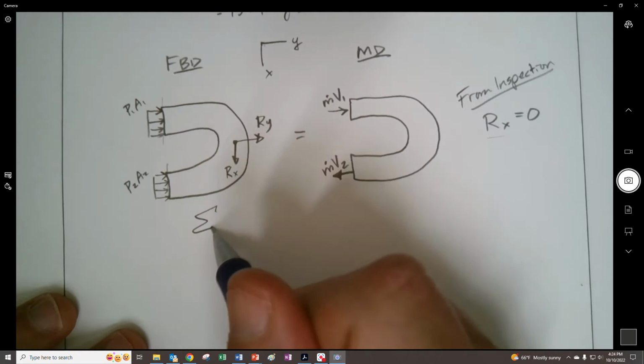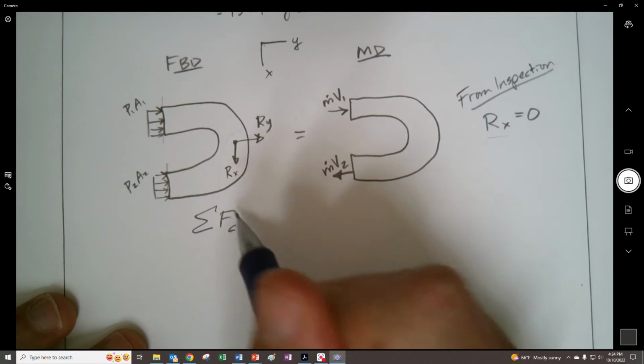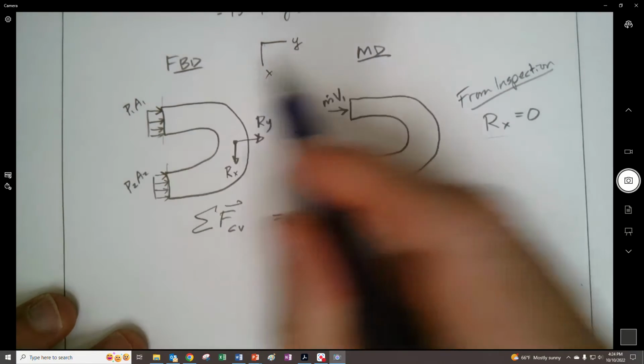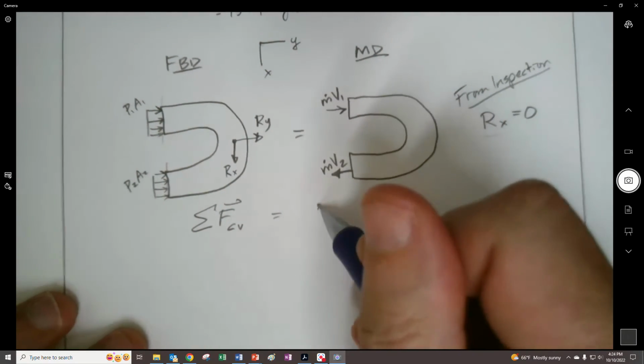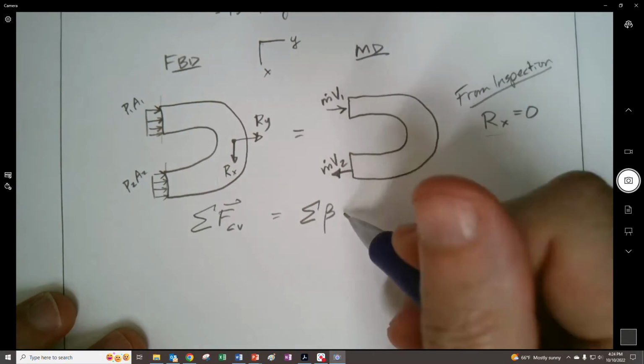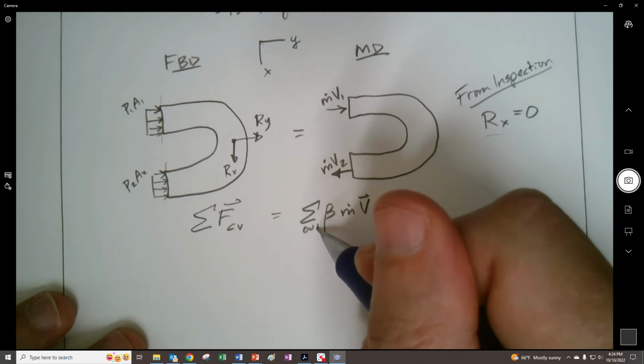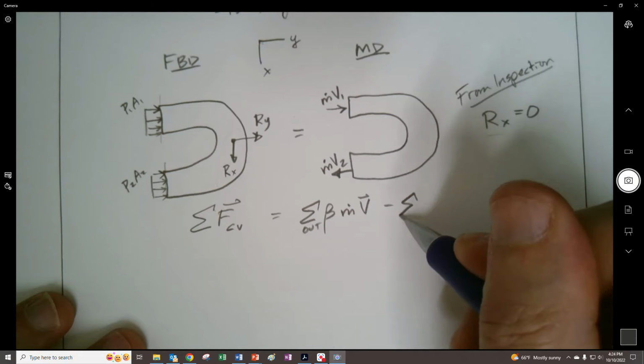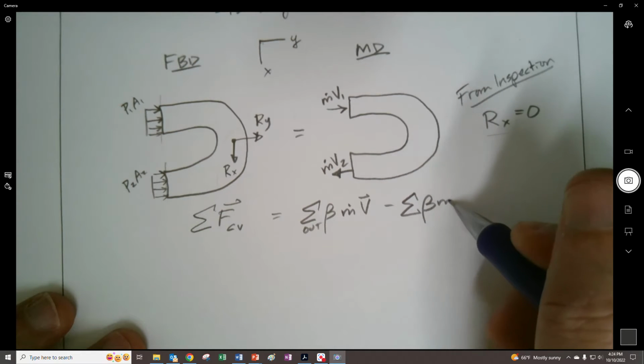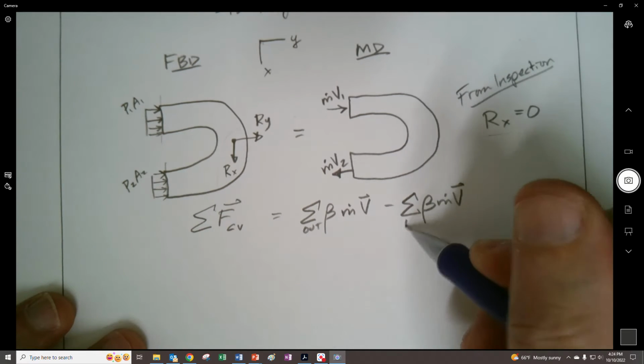So the equation that accompanies this free body diagram and momentum diagram is this right here. This is out, and we go minus beta m dot v in.